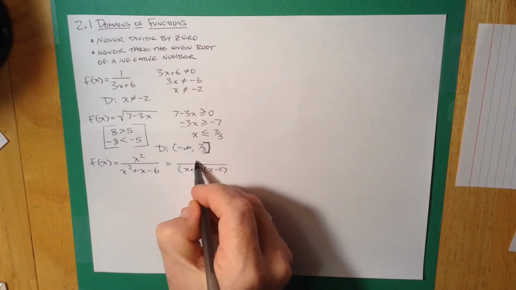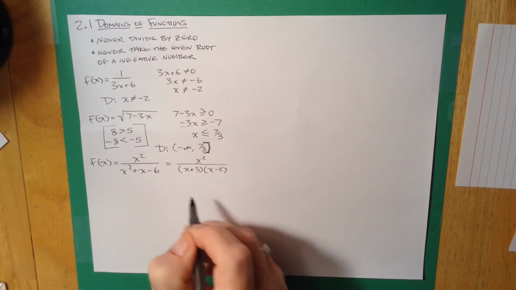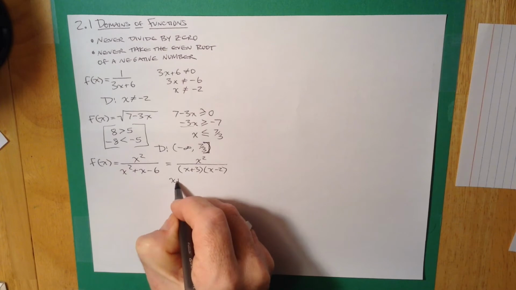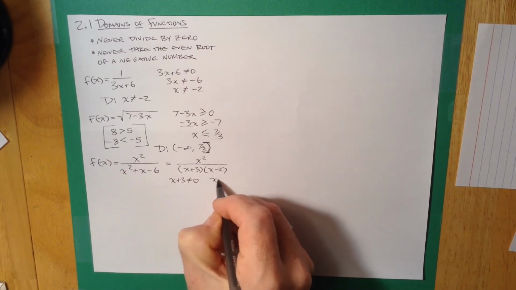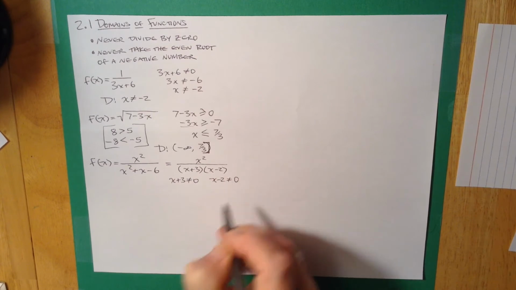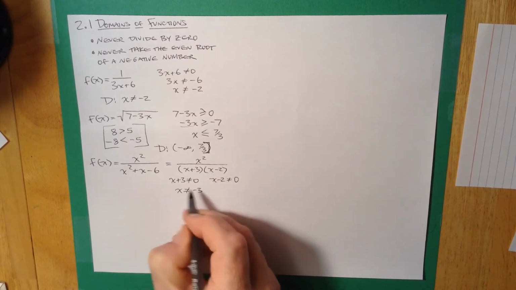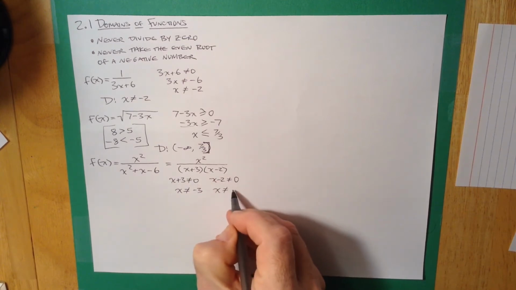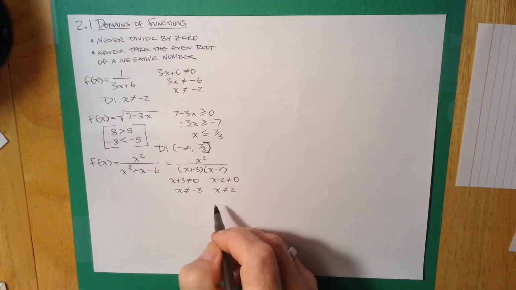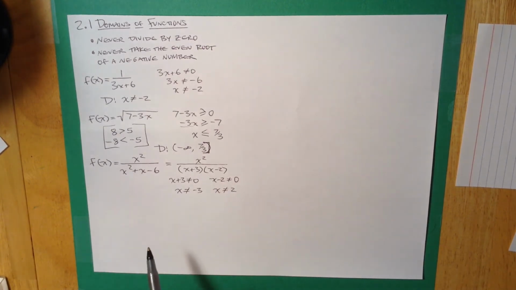In this case, we can't allow either the x plus 3 to be equal to 0, nor can we allow the x minus 2 to be equal to 0. So x can't be negative 3 if we subtract 3 from both sides, and x cannot be a positive 2 if we add 2 to both sides. So that's the domain that we have on this particular function.